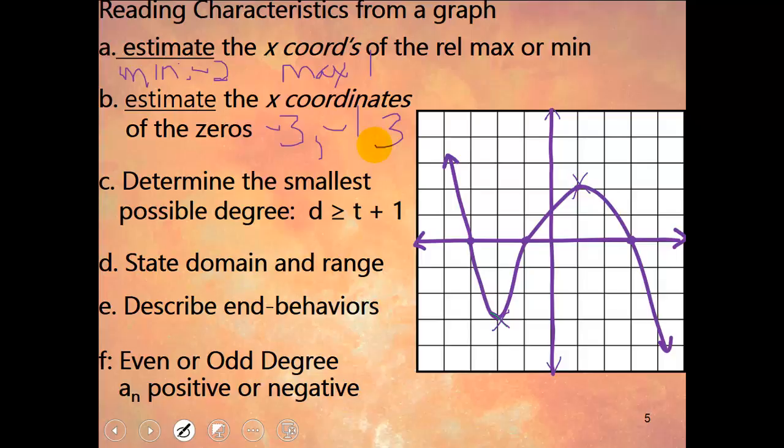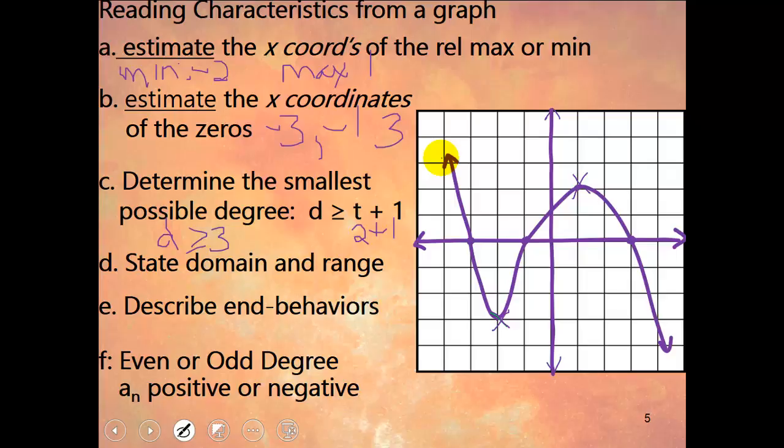Determine the smallest possible degree. Okay, so we're going to count the number of turns, 1, 2, and we're going to add 1 to it. So the degree has to be 3 or more. Okay, and that makes sense because look at our arrows. They're going off in different directions, so we know it has to be odd. And we know it's not a straight line, so it can't be 1, so it has to be 3 or more.